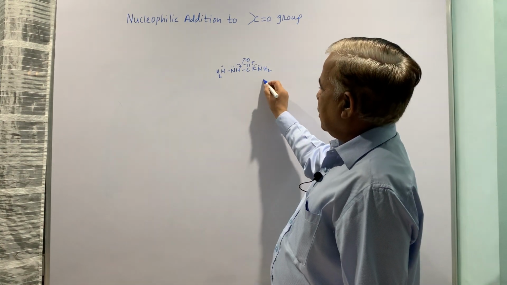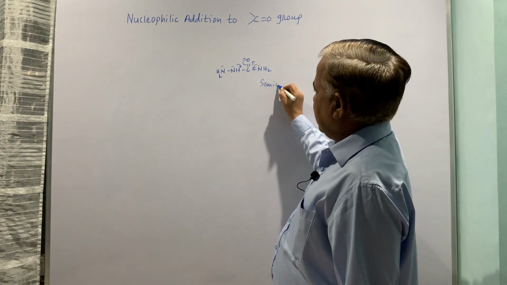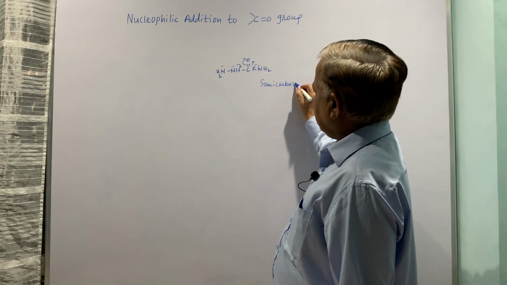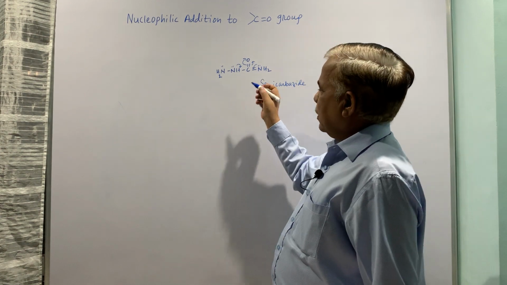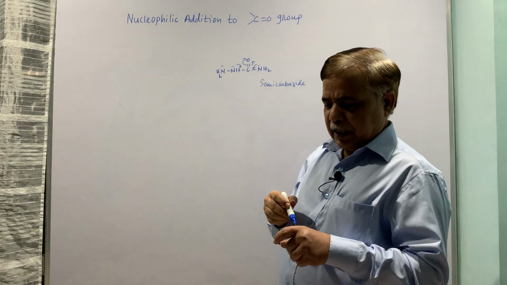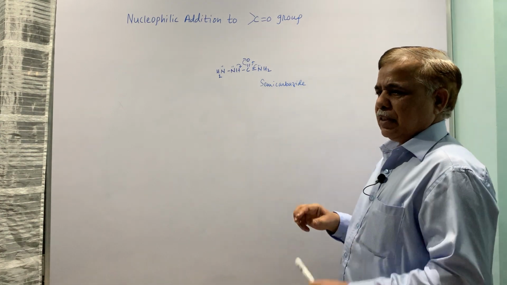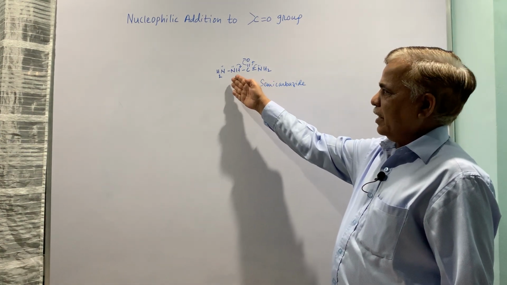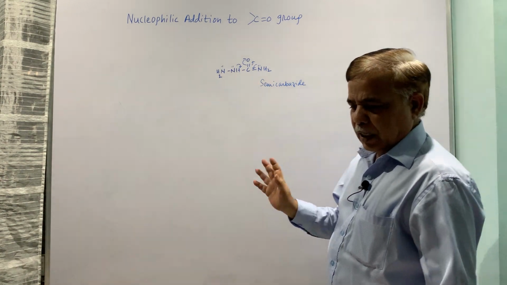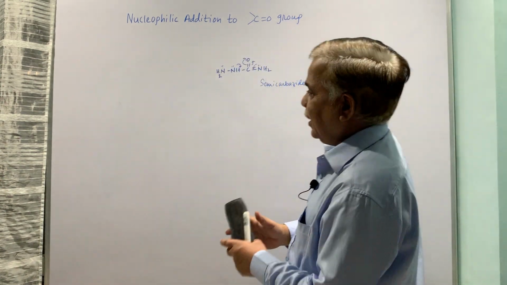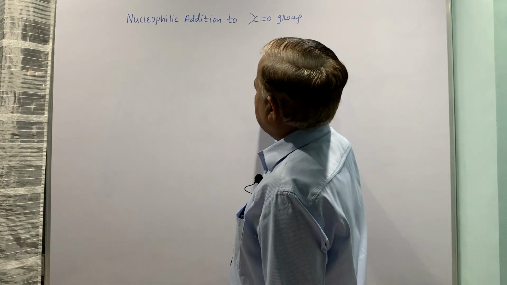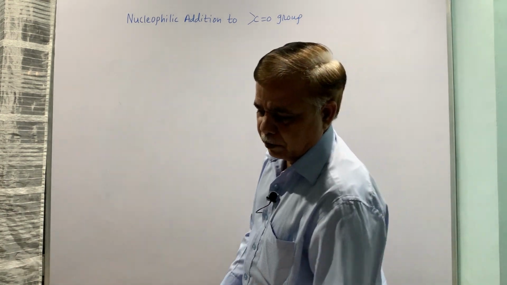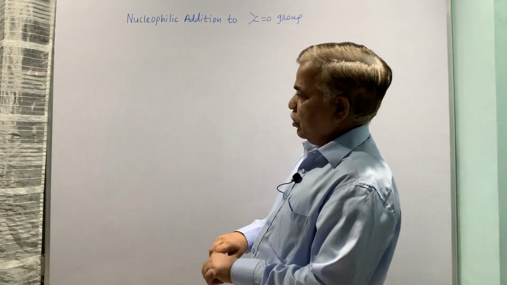So this is semicarbazide and it exists as hydrochloride, but under mild base like sodium acetate a free base is generated and this can attack the carbonyl compound, and that is how you get the semicarbazone derivatives of aldehydes and ketones.